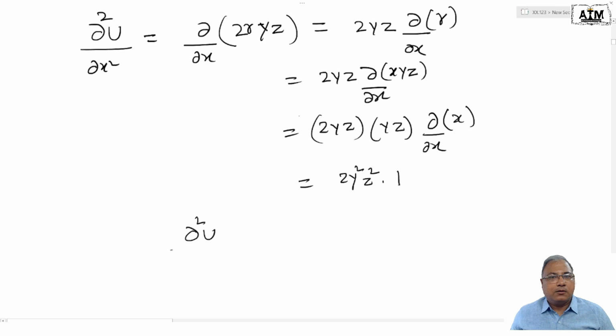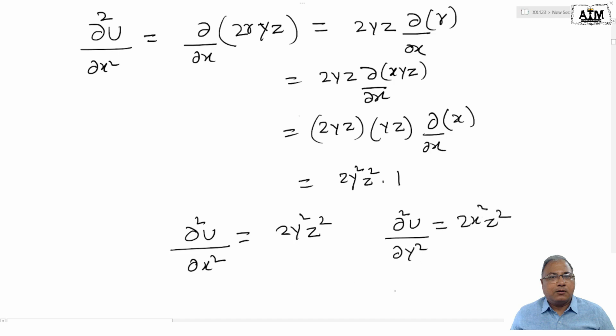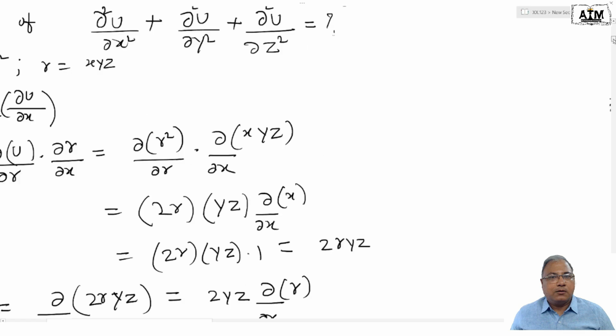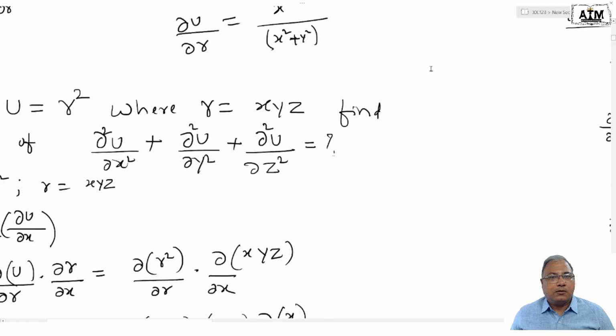Therefore, the second order derivative of u with respect to x, del 2u by del x2, equals 2y square z square. Similarly, we will get the second order derivative of u with respect to y as 2x square z square, and with respect to z, del 2u by del z2 equals 2x square y square. Now we need to find the addition of all three, because the question demands it.